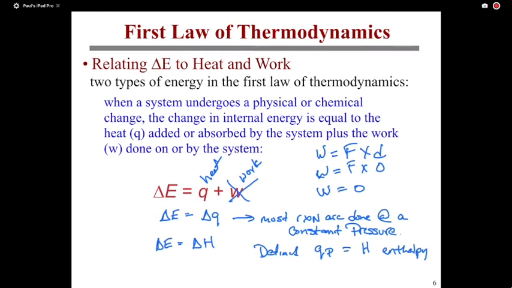So from this point on, if you look in textbooks, very rarely will they actually use delta E in their reactions. They'll use delta H, or enthalpy values, because in most general chemistry settings, almost all that we show you, we will never change the work in terms of a real calculation, and we won't be under different pressures.